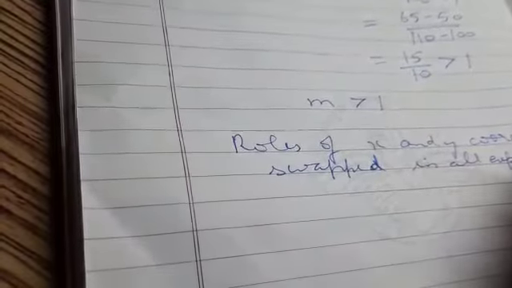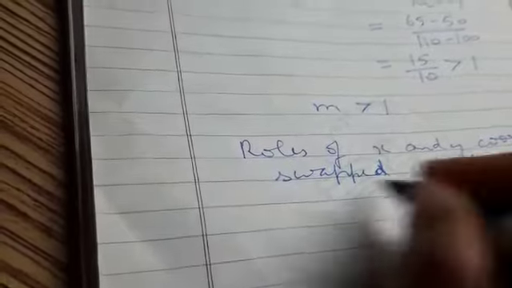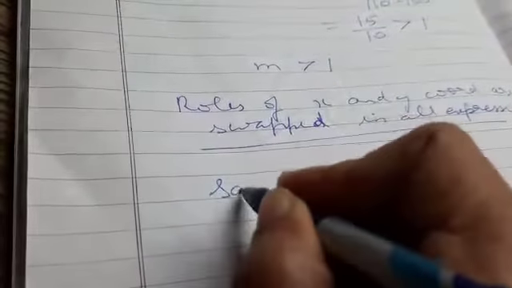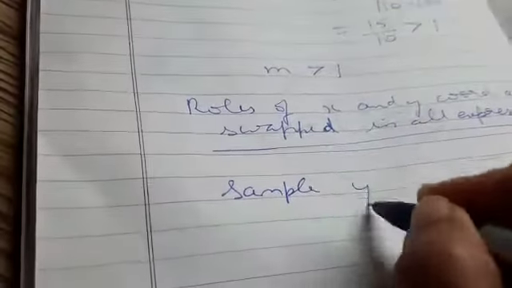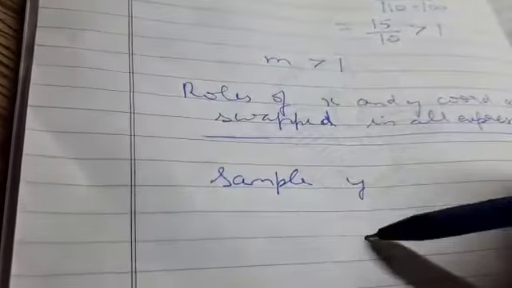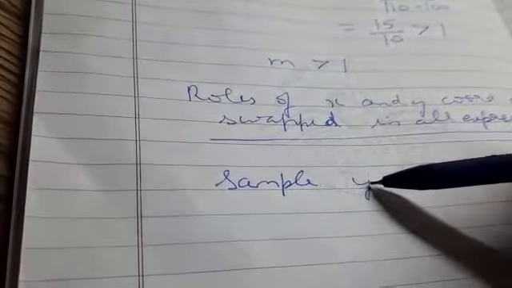So what does this mean? Now you will be sampling y instead of x. Remember, for m greater than 1 you sample y, and for m less than 1 you sample x.